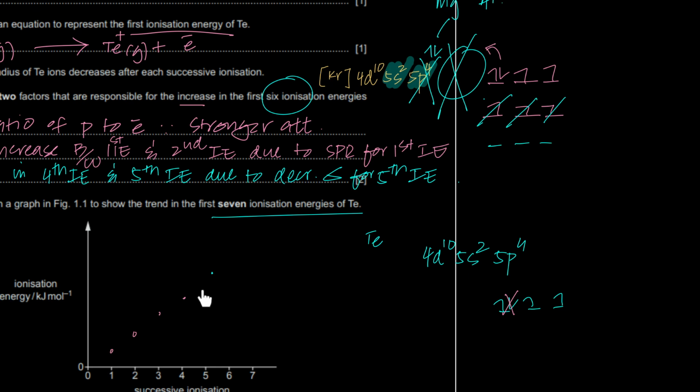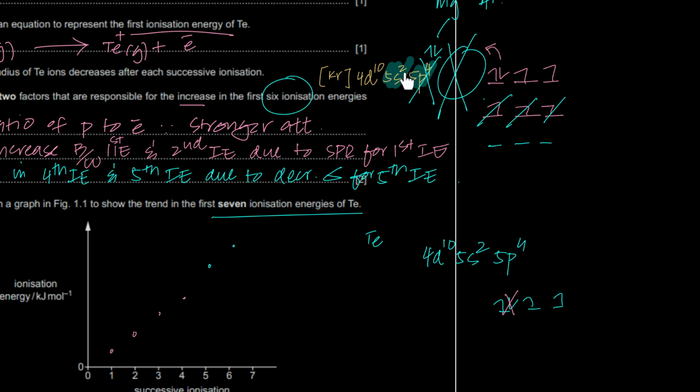Let me just draw it a little higher so the examiner knows that I know for a fact that there's going to be a slight increase between the 4th and the 5th. And then the 6th ionization energy is again from the 5s, so that's just a slight increase.